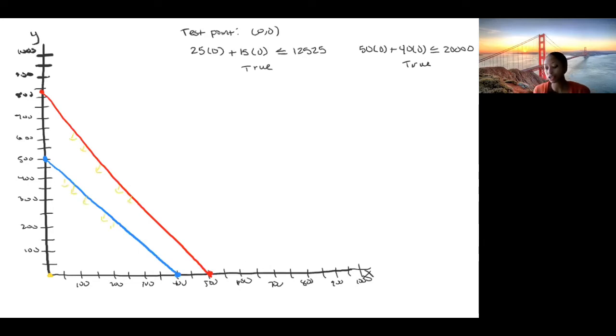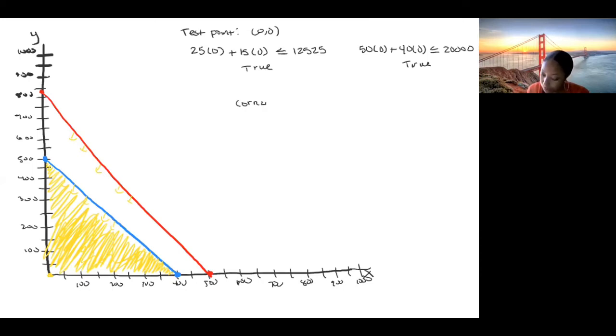Here, since they don't intersect, the only region that would work is everything that's under the blue line here, because everything that's under the blue line is also under the red line. It works out. So we get this little triangle at the bottom. And this one's nice because all of our corner points are on the axes, so it's easy to find them. We don't have a lot more work to do.